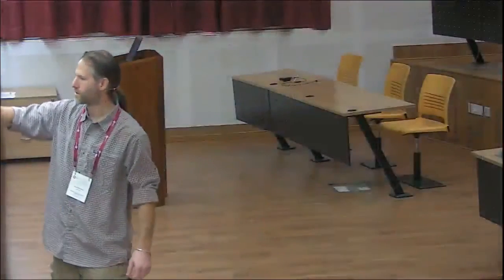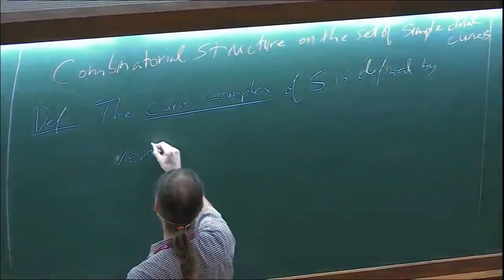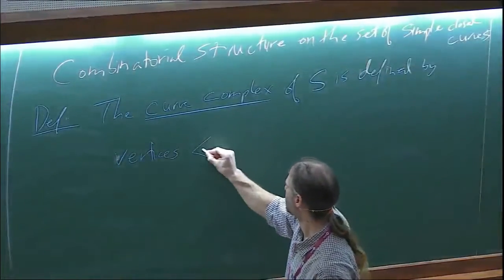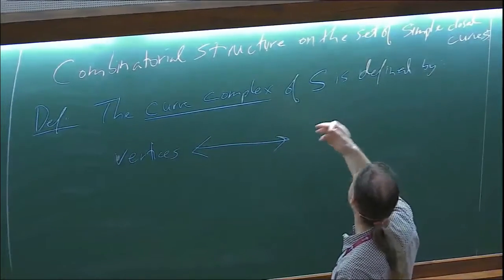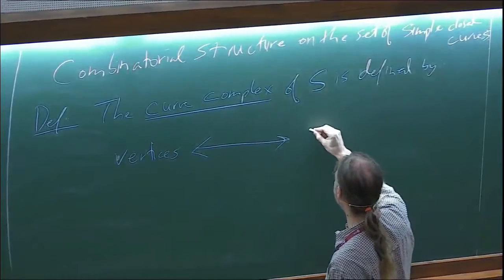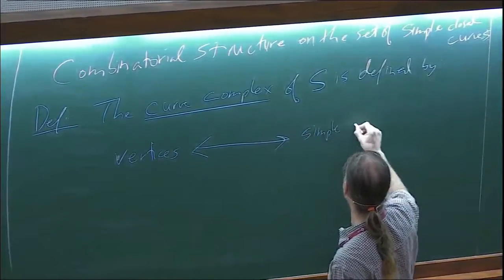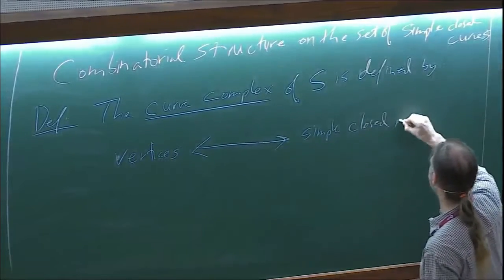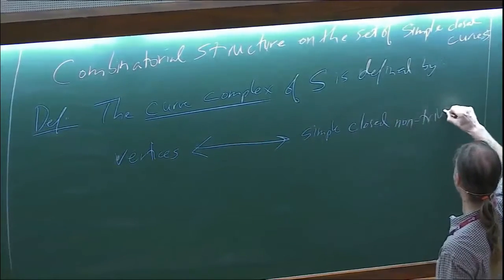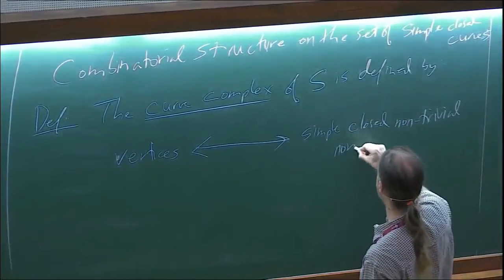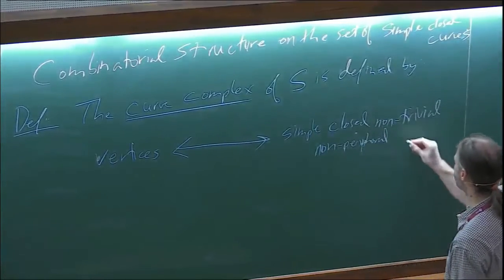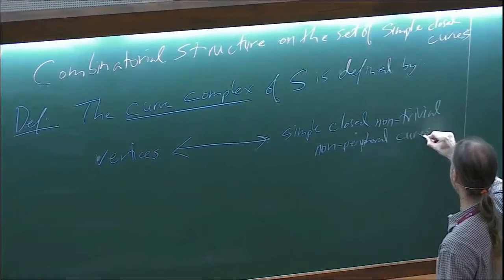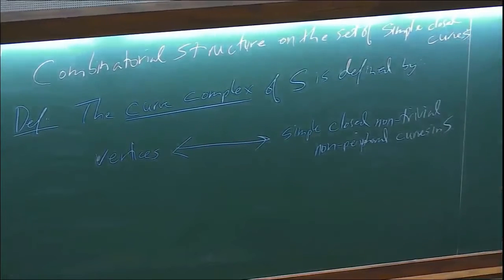So the vertices of my complex are going to be in bijective correspondence with simple closed, non-trivial, non-peripheral curves on the surface S, so not parallel to the boundary. Okay, so that's going to be my vertex set.